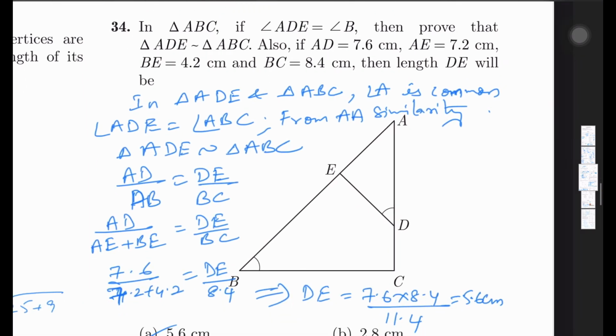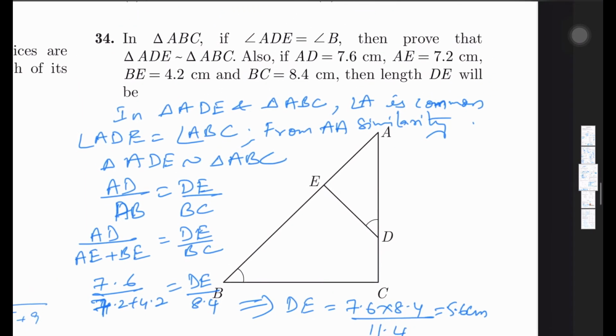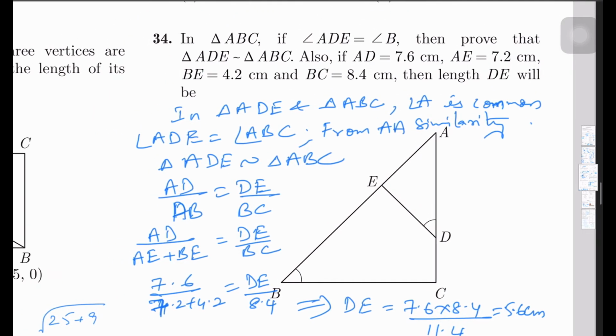Now next, in triangle ABC and triangle ADE, angle ADE is equal to angle B. Prove that triangle ADE is similar to triangle ABC.